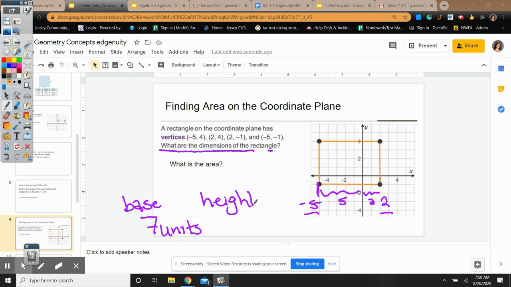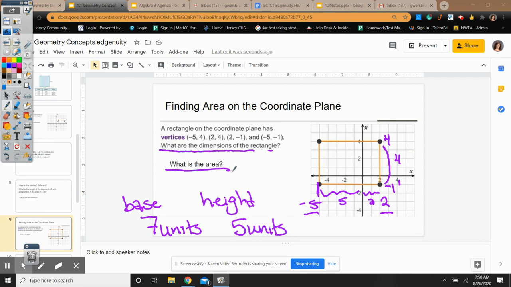How tall is it? Well, we're up 4 on this way, and we're at -1 here. So how far apart is -1 to 4? Well, I have 1 this way, and then I'm going up 4. That gives me a total of 5 units for my height.